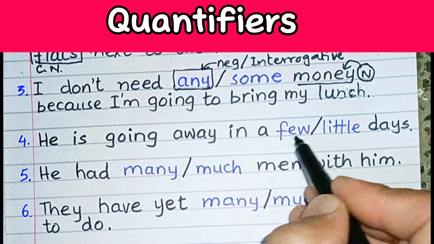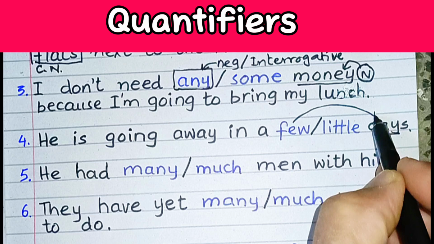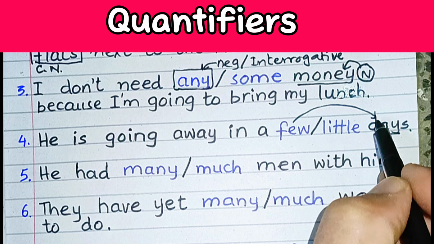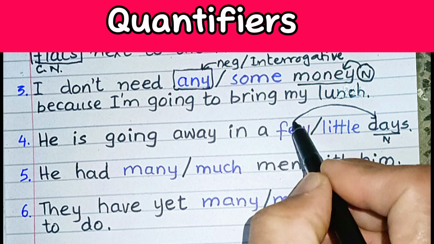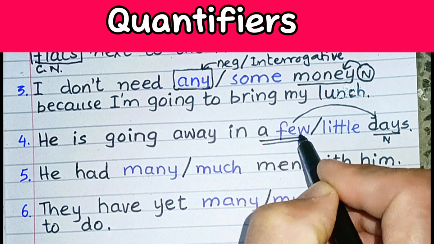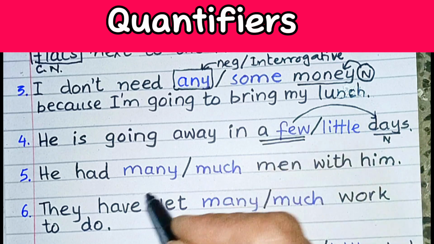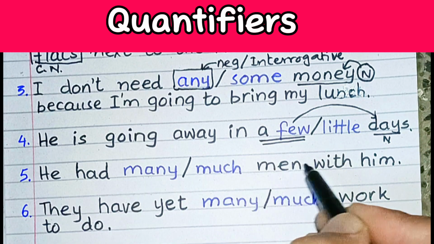He is going away in a few or little days. Days is a noun over here that can be counted, so it is a countable noun. For countable nouns, we have a few, so a few is the right quantifier over here. He had many or much men with him.